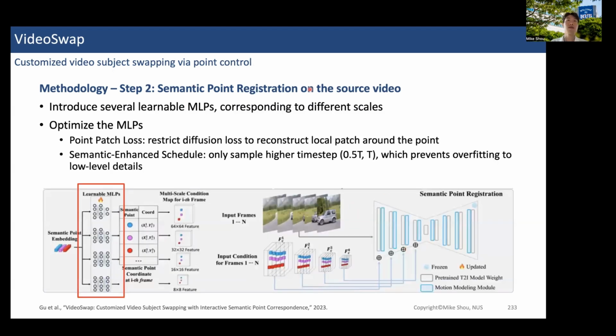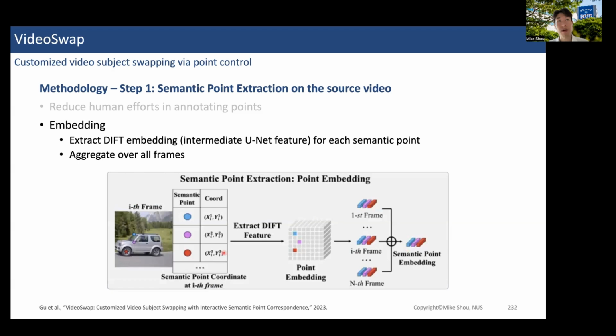Then the next step is what we call semantic point registration on the source video. It is basically trying to learn a couple of MLPs. These MLPs map the semantic point embedding we obtained from step 1.